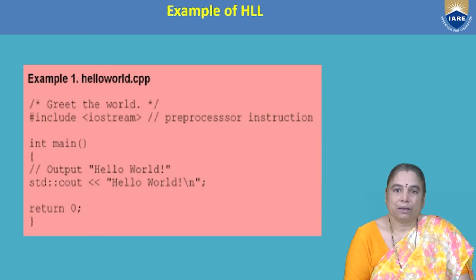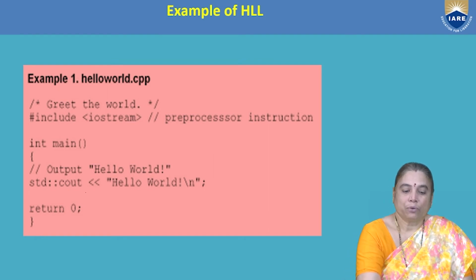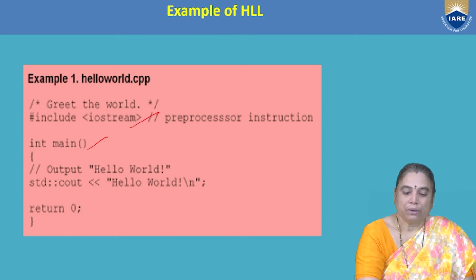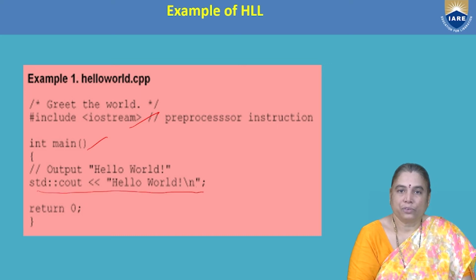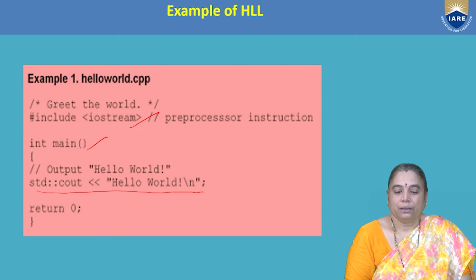Here is one example of high-level language code. Whenever you observe the code, you can easily understand the header files required to be included and the main functionality. Here the output statement, hello world, has to be printed. So by reading the code, the user can gain an idea of the functionality of the code.